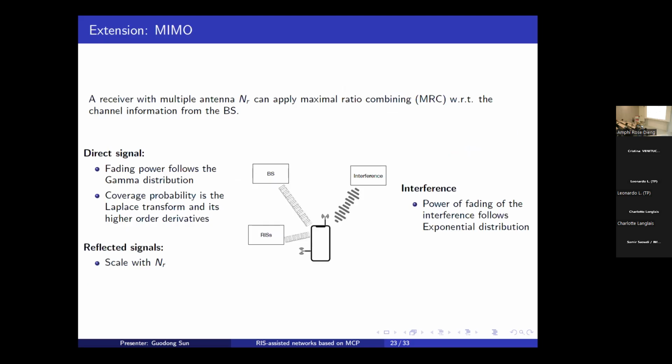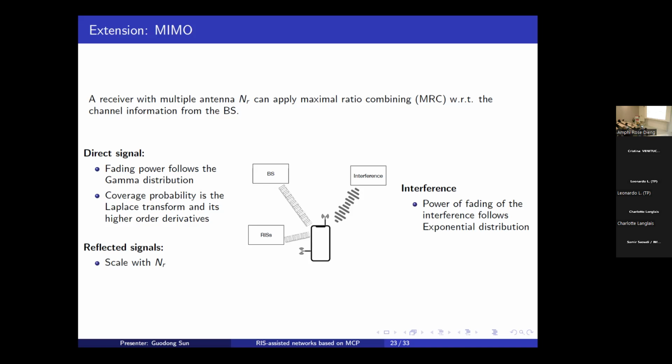In our research, because now MIMO is standard and for some practical concerns, we actually investigate the performance of a MIMO link. So far, we assume the base station sends signals to all the RISes and the users. We don't do specific beamforming at the base station, but at the user side, it can combine the signals from multiple antennas using maximal ratio combining.